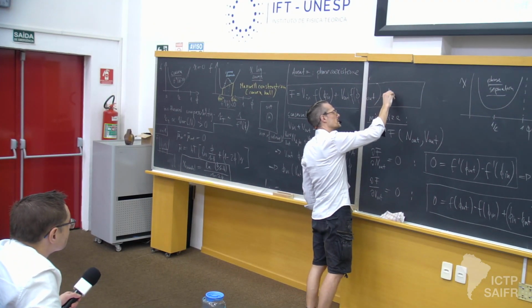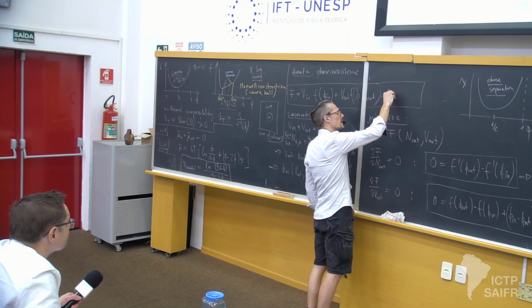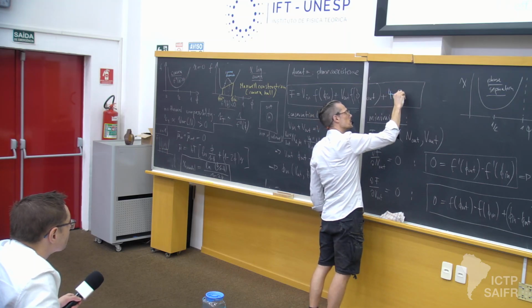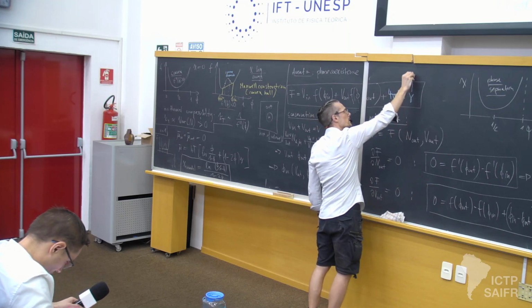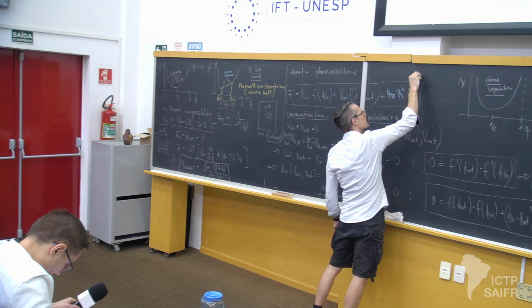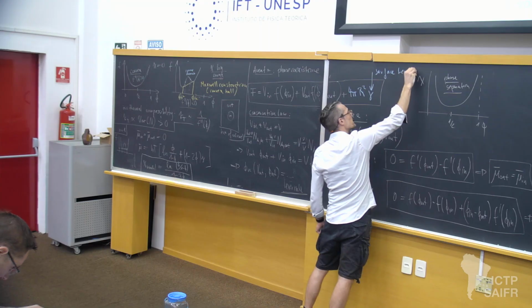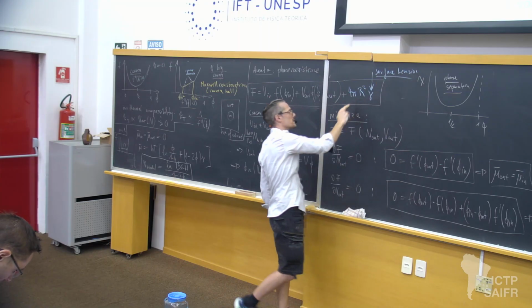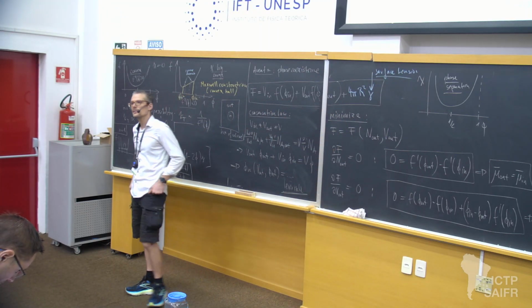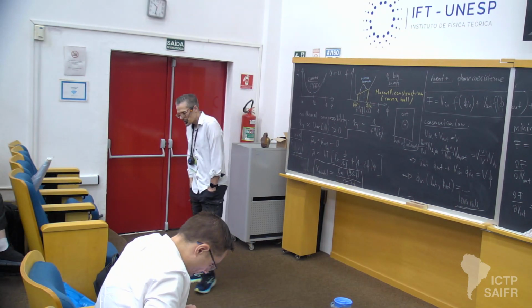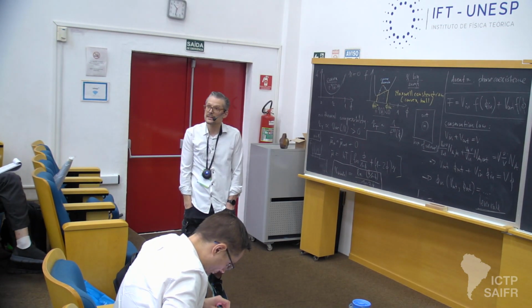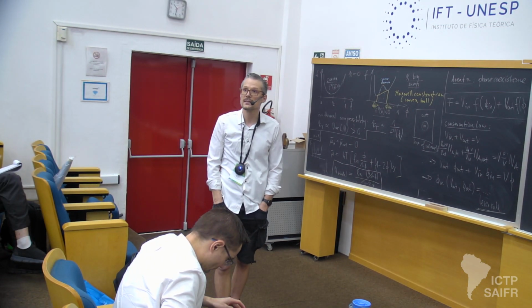We forgot that it costs energy to build an interface. And the energy per surface area, the free energy you have to pay, is the surface tension. And the surface tension will affect the equilibrium concentrations a little bit.